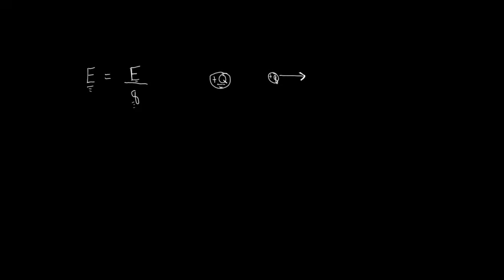E is equal to F over q, where F is the force between these two charges. F is K times big Q times little q over R squared, and I can plug that in right here. So my electrical field is equal to K times big Q times little q, all divided by little q.